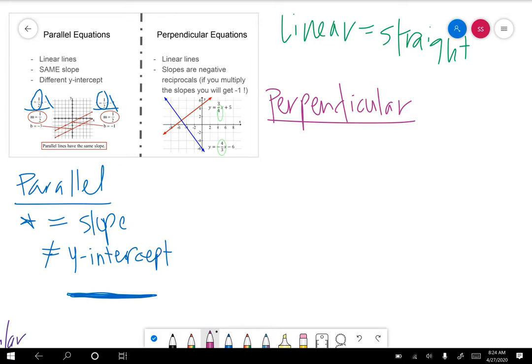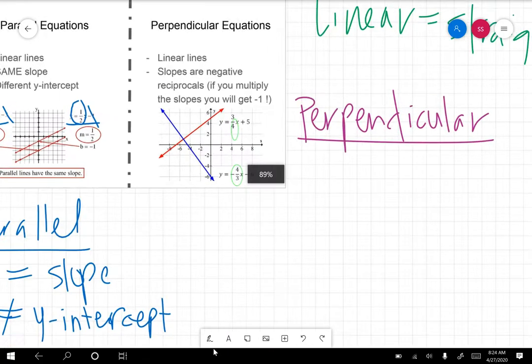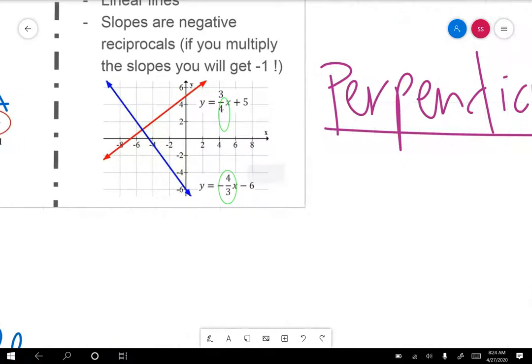But what's cool about them, if we zoom in on this lovely graph, we have our two different equations here, right? y equals 3/4 x plus 5, and y equals negative 4/3 x minus 6. So kind of forget about the y-intercepts for a second.